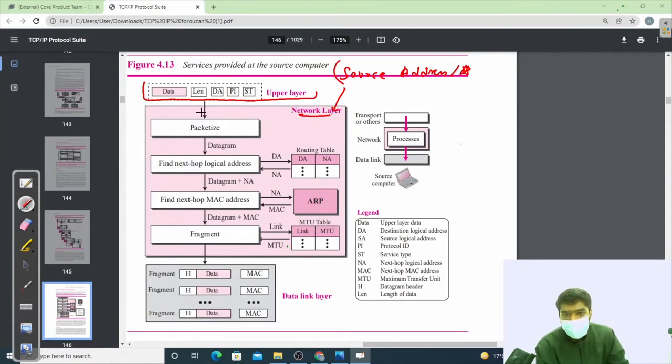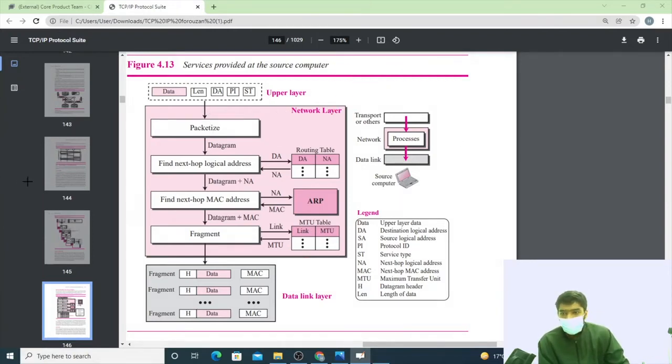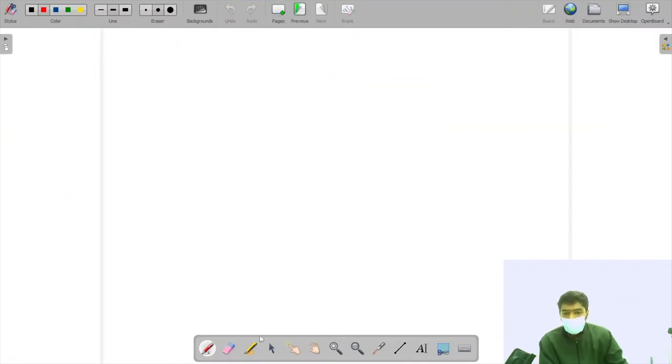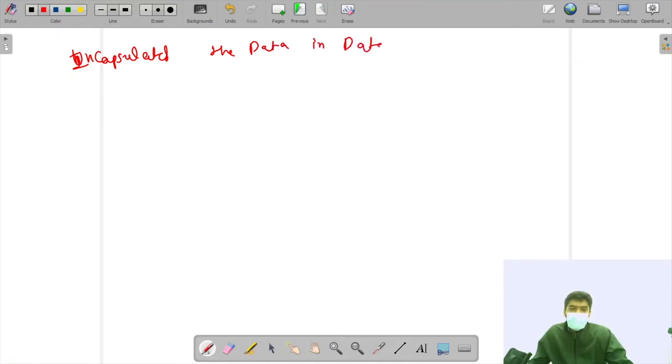First, packetizing happens. So what happens in packetizing? We encapsulate the data coming to us in the form of datagrams. This is done by adding headers, as datagrams have headers.